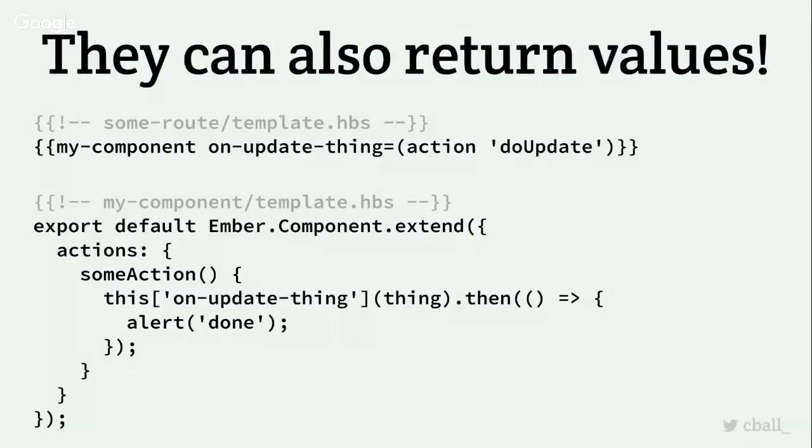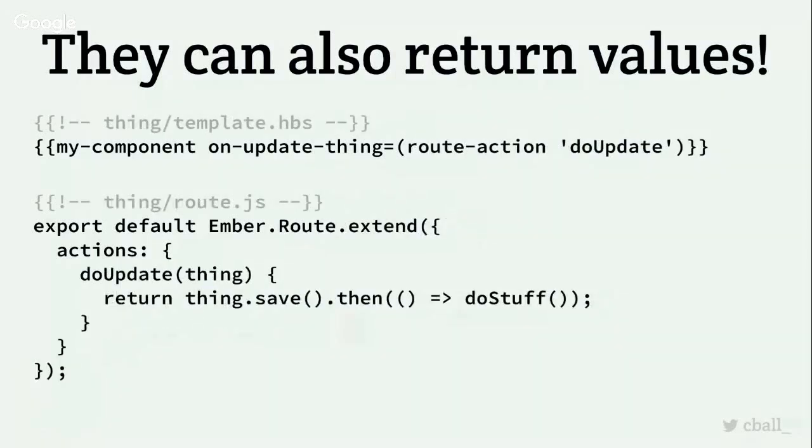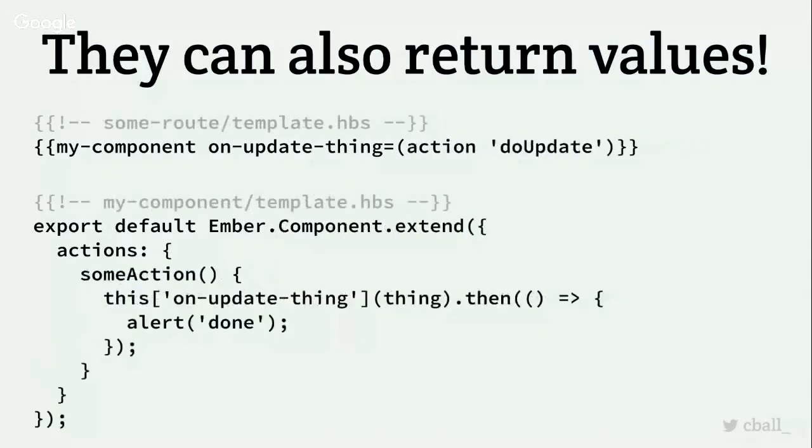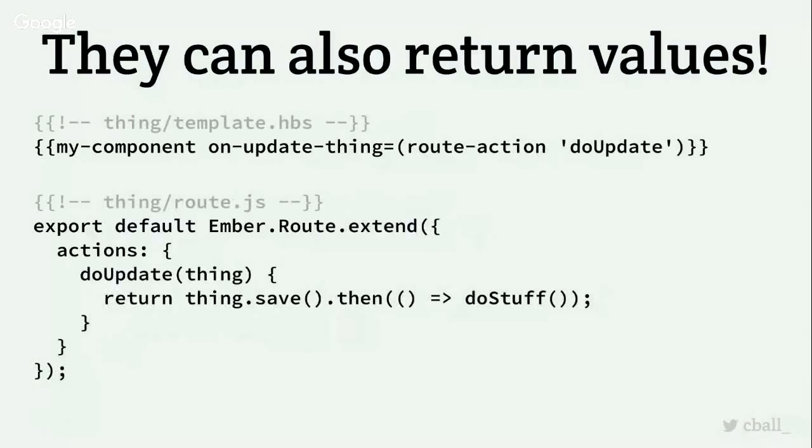And I will go through and update all this stuff so that the slides are not out of date. Okay. Old slide, new slide. Okay, so the return. So basically this is what I was trying to say. You have thing.save. This is going to use Ember Data that will return a promise.